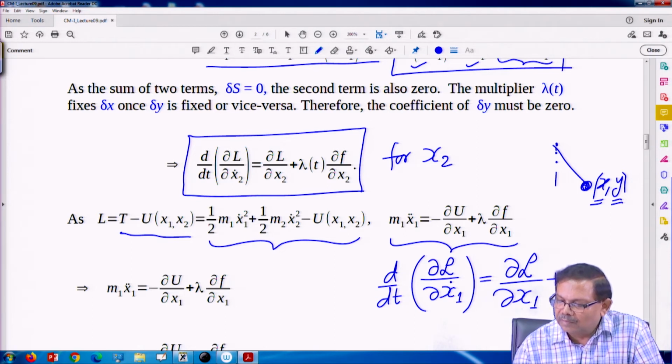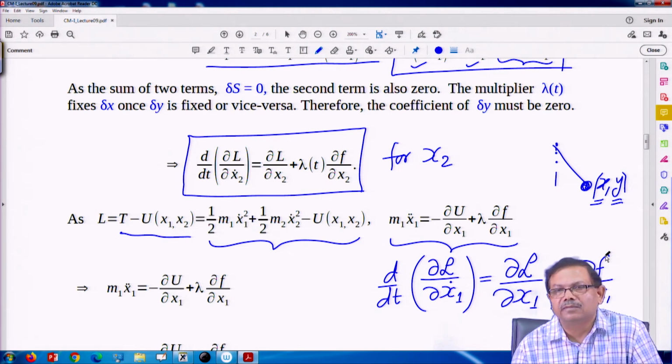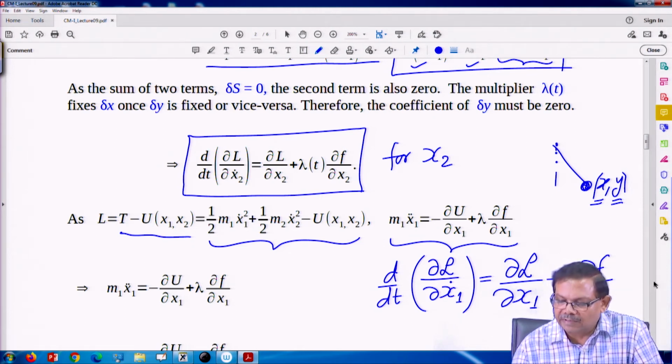And now we have an extra term because of the constraint in the system. The constraint depends on x 1 as well as x 2. So, this is the force of constraint along the x axis.